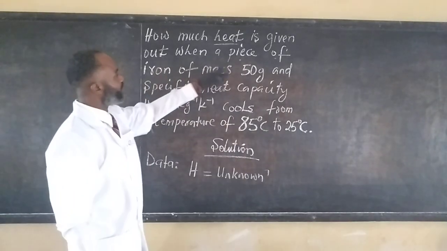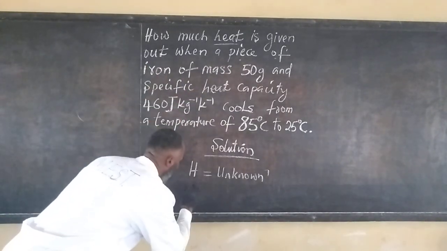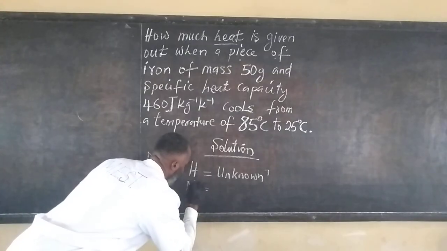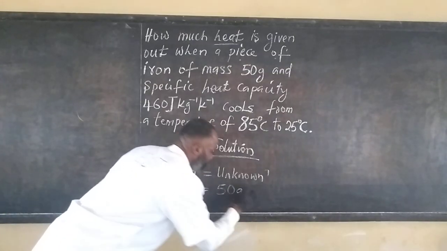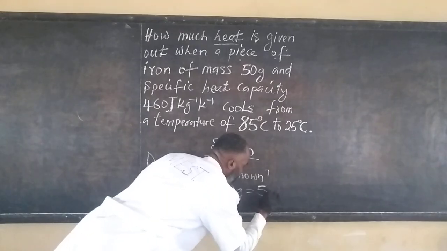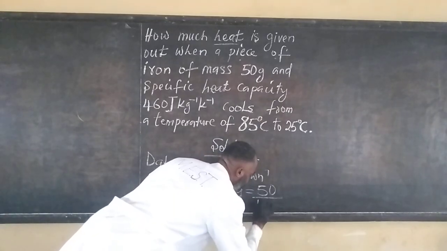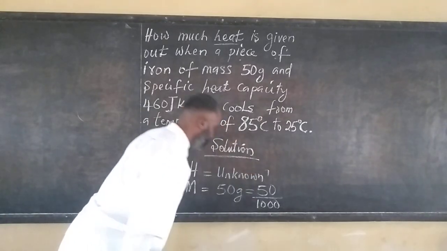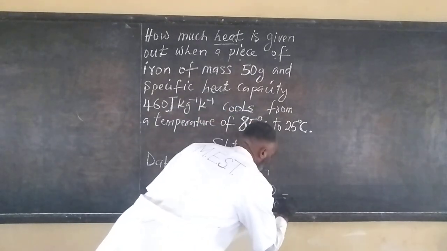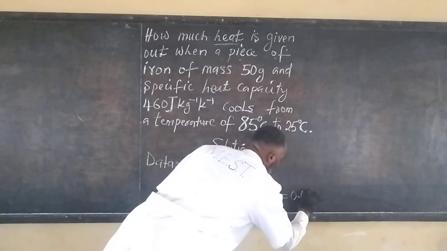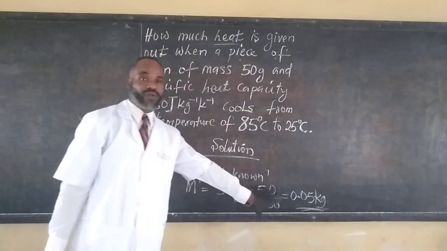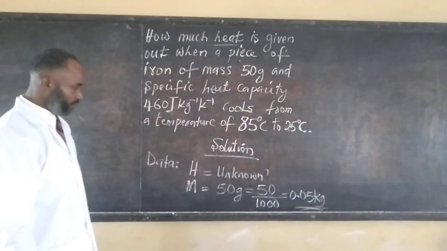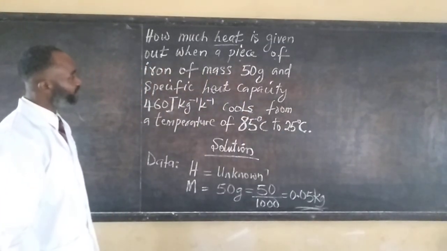A piece of iron of mass: we have M, mass, is equal to 50 grams. We can as well convert this to kilograms by saying 50 grams over 1,000, and that gives us 0.05 kilograms. It's been converted already. So what next?